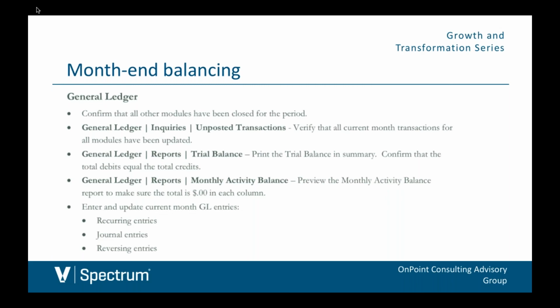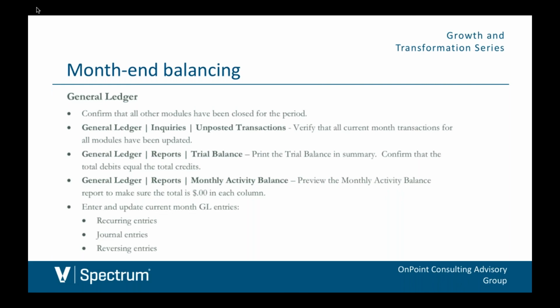And then if there's any recurring entries that you have, you can set up recurring entries for like depreciation, any insurance accruals that you have to do. We can set those up as recurring, and then we don't have to re-enter all of them all the time.